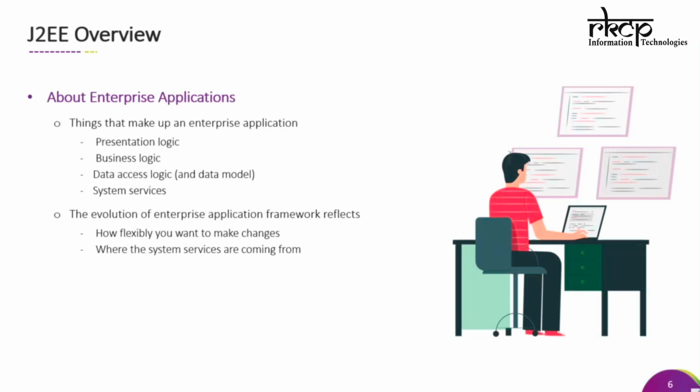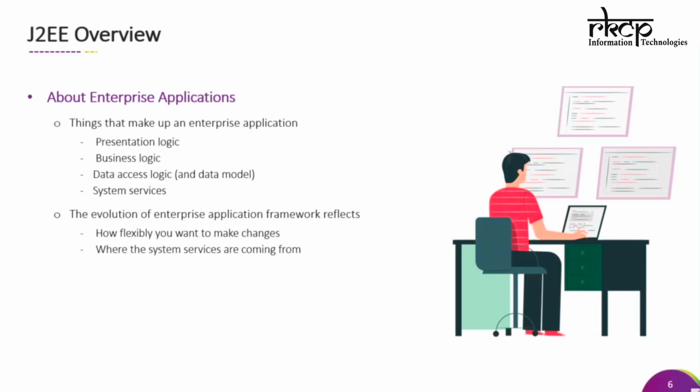For accessing the database, the logic you will write is the data access logic. In the same way, if the server is going to use other services like Amazon or different services, that is the system services. Most of the time, these four tiers we are using in an application.